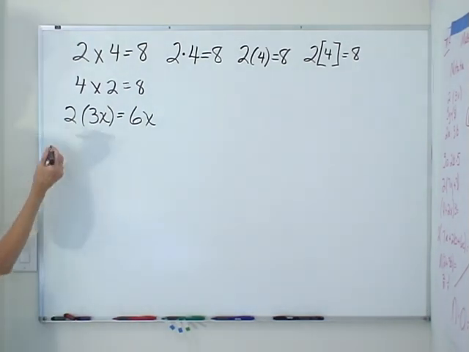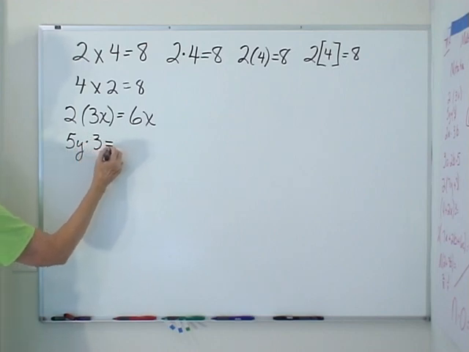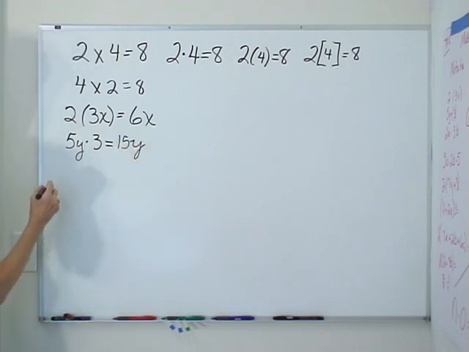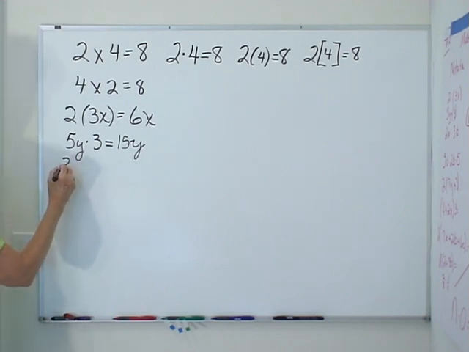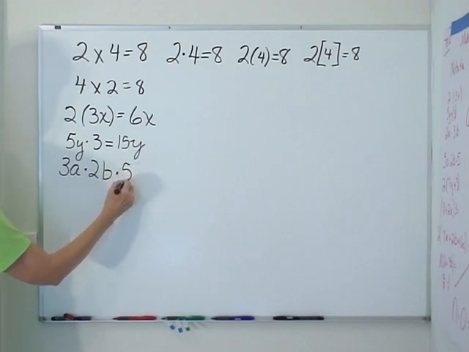Another example might be written this way. 5y times 3. We would multiply our numbers in front, 15, and we would get 15y. We could multiply more than 2 terms, certainly. So we might have 3a times 2b times 5.